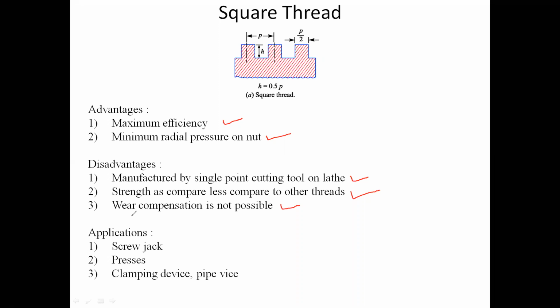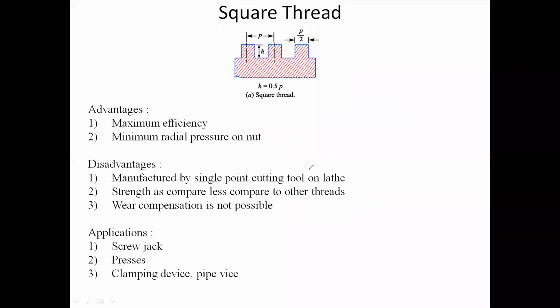So if there is wear, it is not possible to compensate in the square thread. So there will be a gap. In other types of threads, which we'll see next, we can again focus on this wear compensation. So this is the disadvantage.